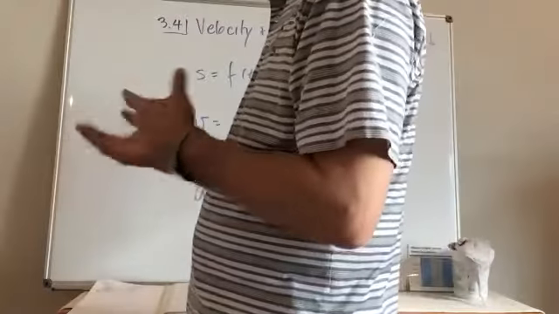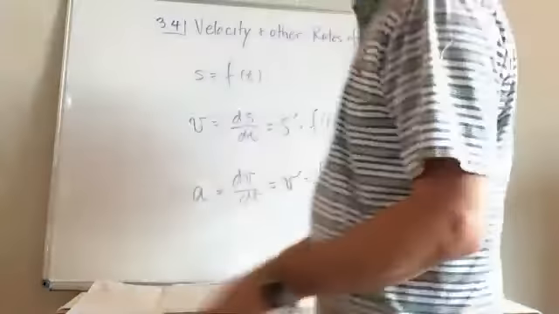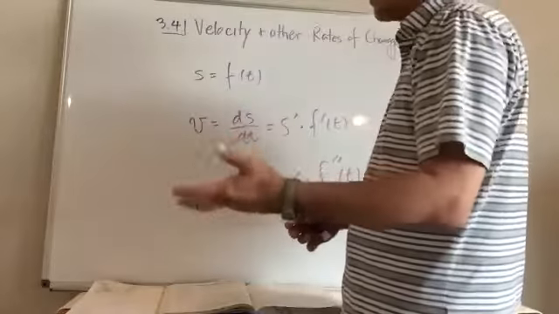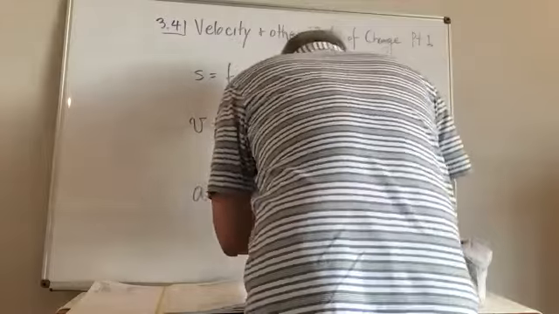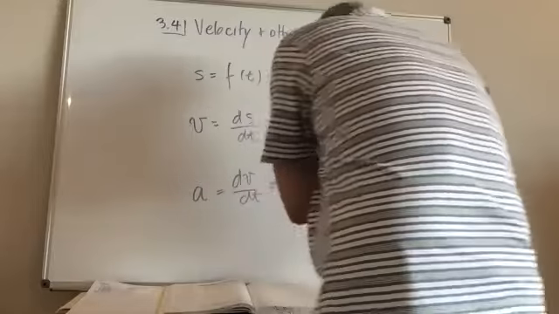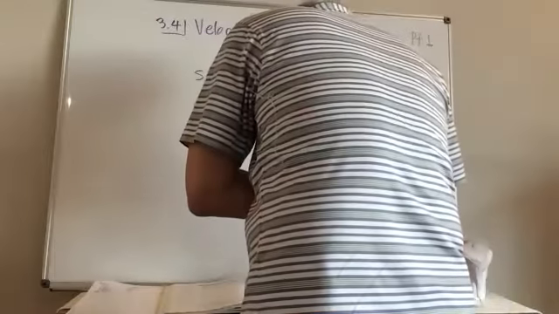I could be going to Salem, I could be going to Eugene, I can go to Lebanon, wherever it is. So on page 131, at the bottom part, it says that speed is the magnitude, the absolute value of velocity, okay?